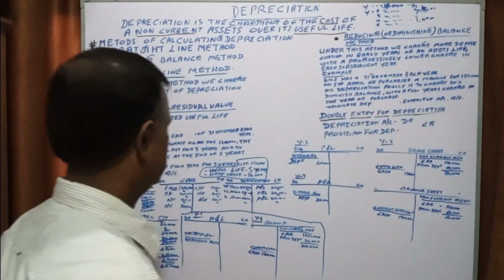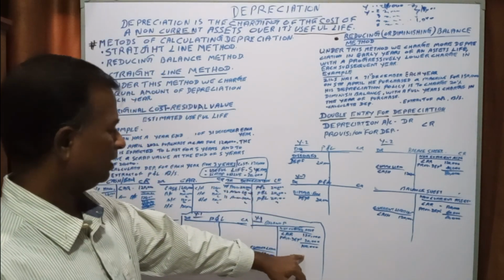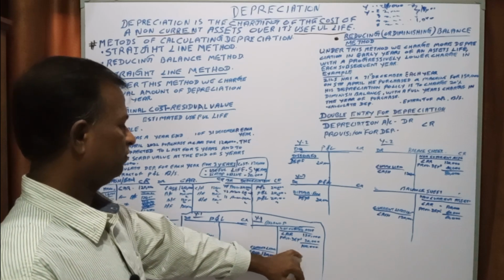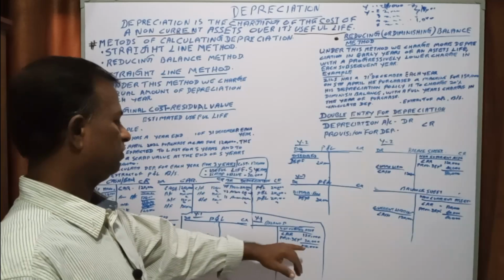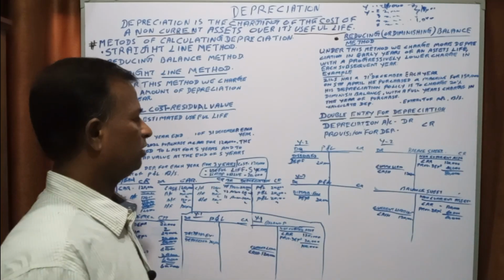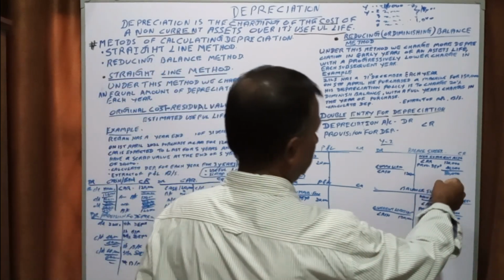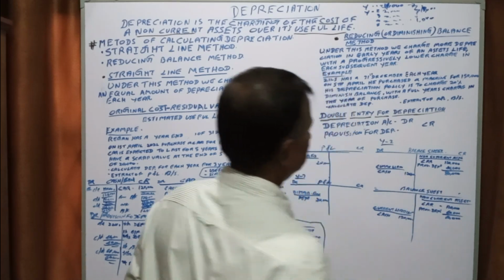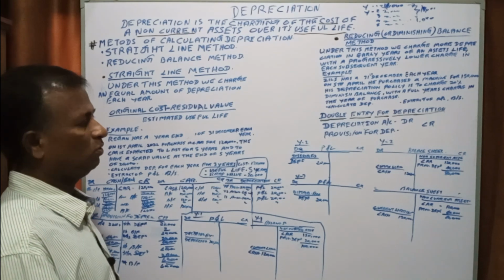So see, the value of the car in the year 1 balance sheet is 100,000, in year 2 it is 80,000, and in year 3 it is 60,000. It is coming down; we are showing the balance lower.